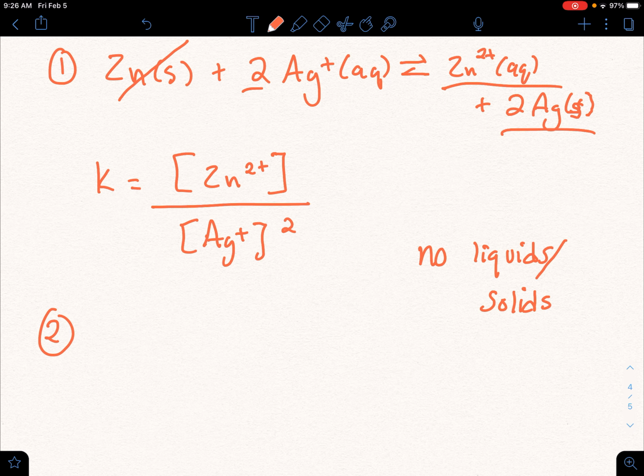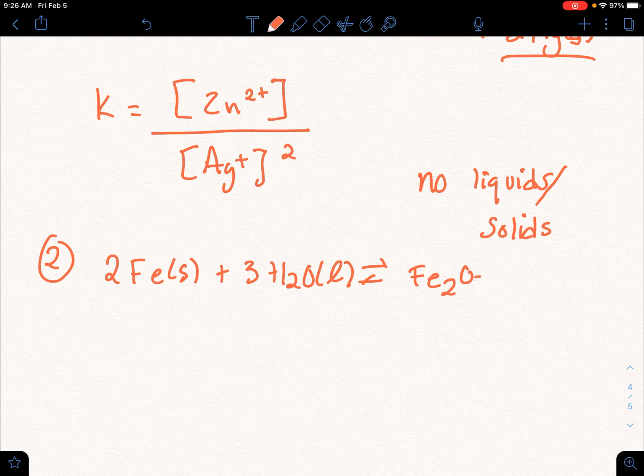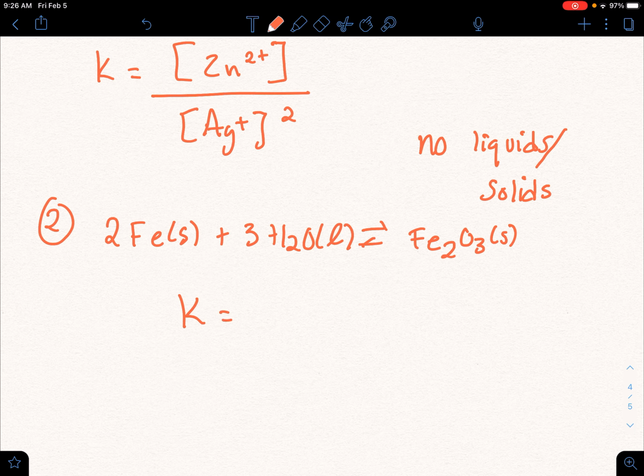liquids or solids. Cool. Another example, maybe you have 2S plus 3H2O liquid goes to Fe2O3 solid. So for this one, K, we have a liquid, a solid.